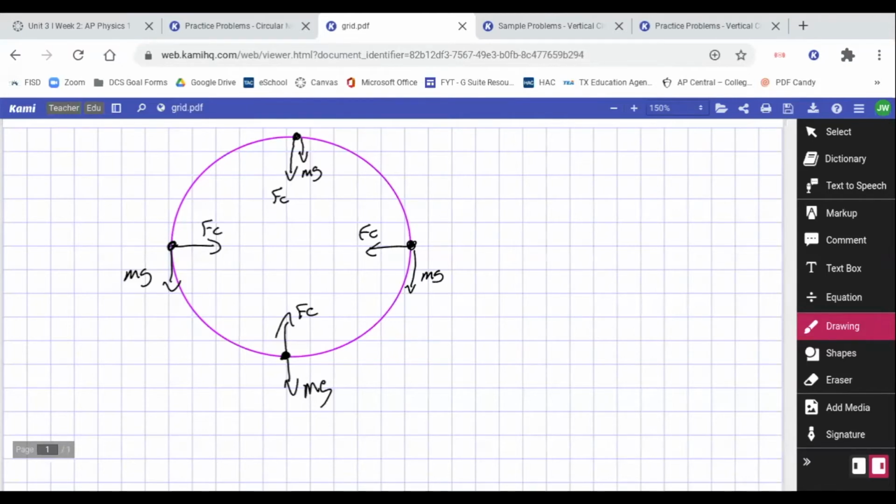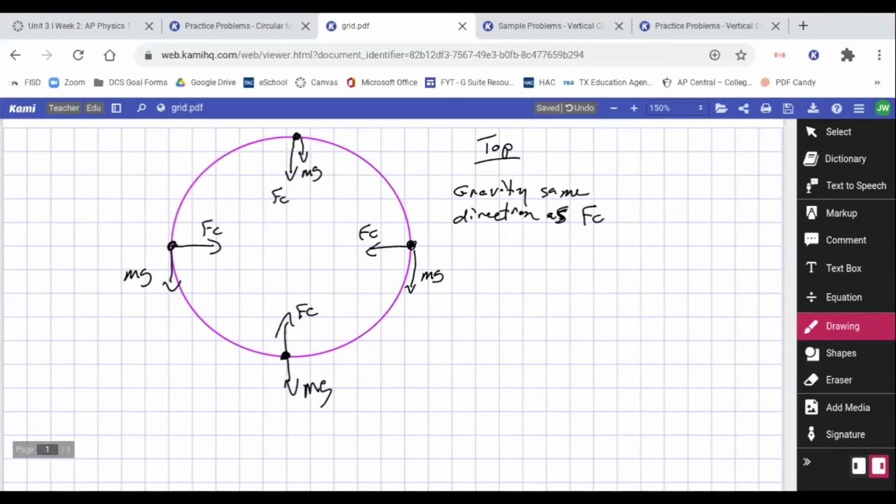If we're looking at these, let's talk about the top point first, the uppermost point. So let's just title this top for no other reason except that's where it's at. Here we've got gravity acting in the same direction as FC.